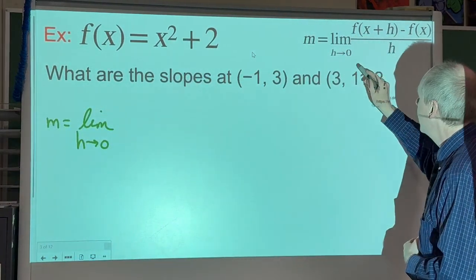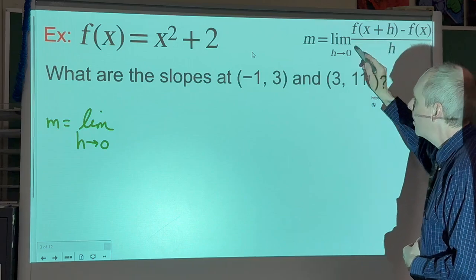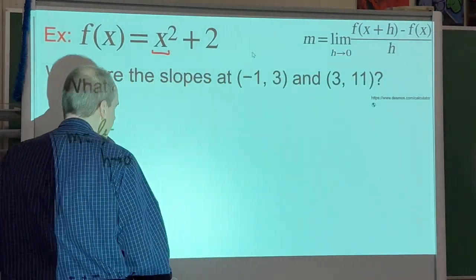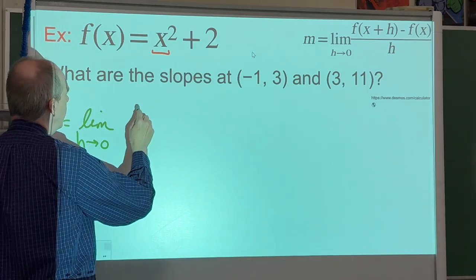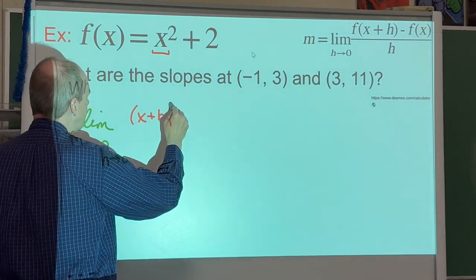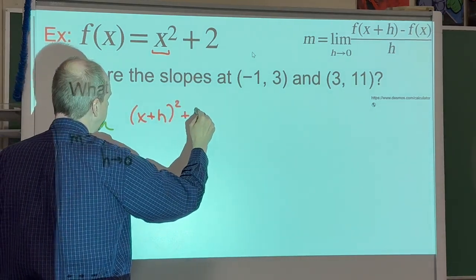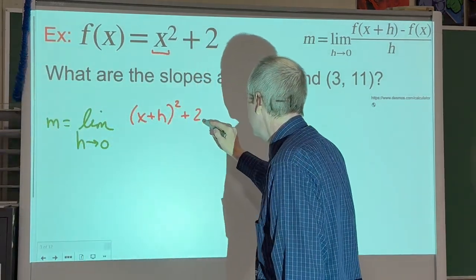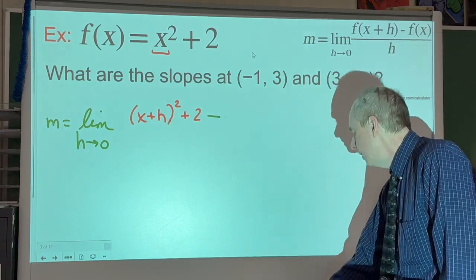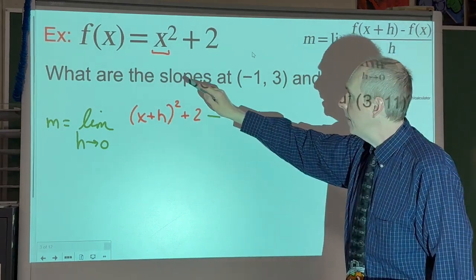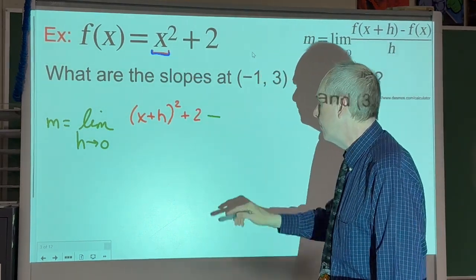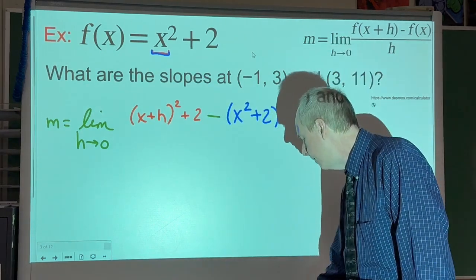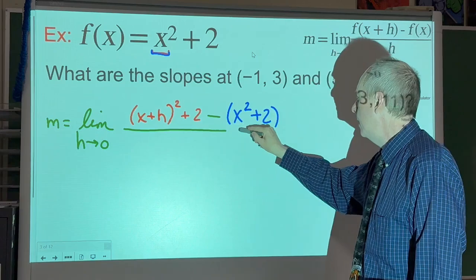So if I were to take x plus h and plug it in here, x plus h squared plus 2, and then I would take x and plug it in here, you get back the original function, but we'll put it in parentheses because you're subtracting things off, all divided by h.